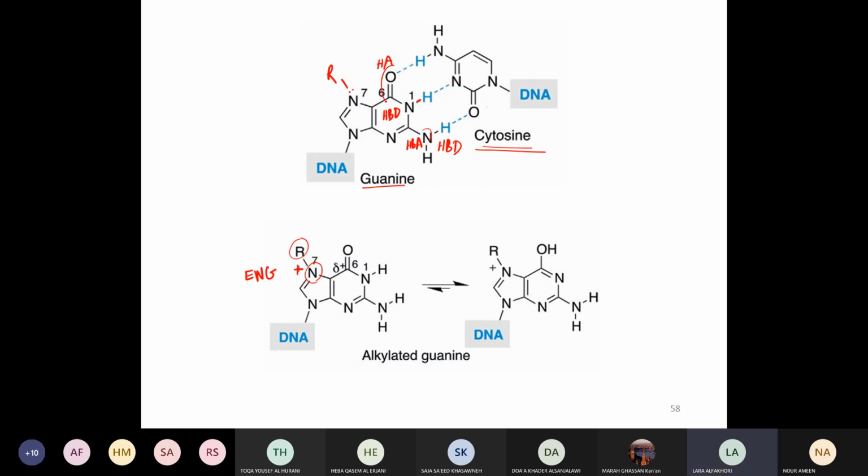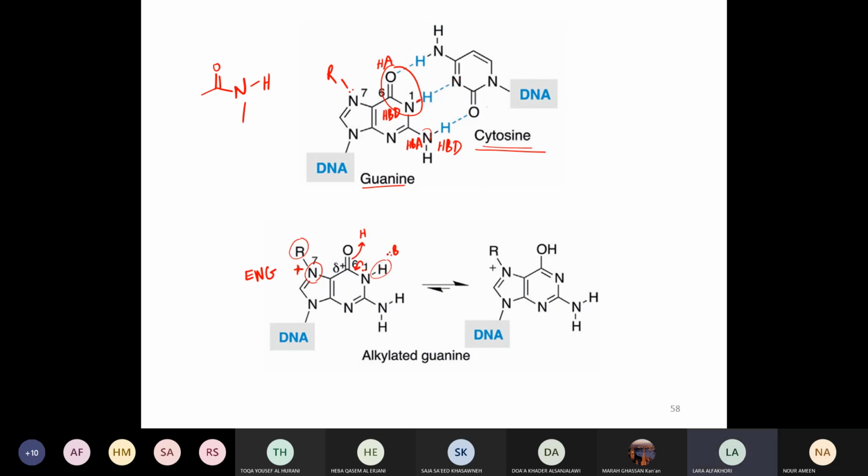Now the group that I have here in guanine, it's an amide, right? Any carbonyl, regardless of what it is, any carboxylic acid derivative, carboxylic acid, let's say amide, ester, whatever, can undergo, let's say, tautomerism. Meaning there is rearrangement of the double bond, and this applies to carboxylic acids and amides.